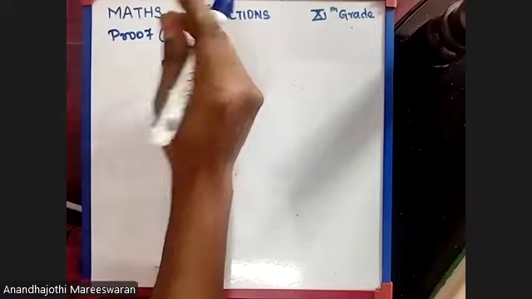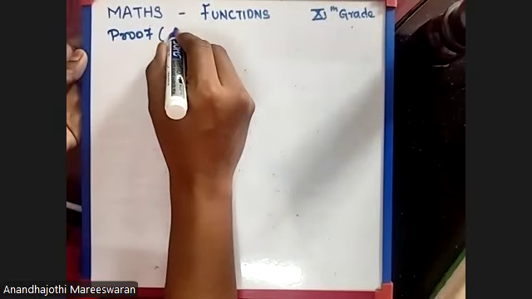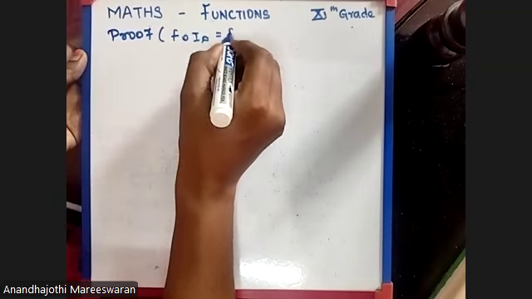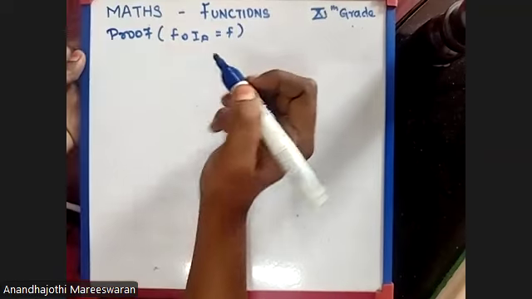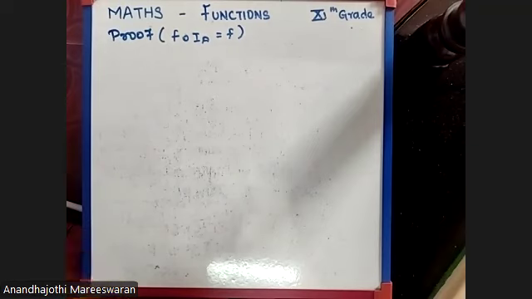We are going to split it up. So first we are going to make a proof for F circle IA equals F. For that, first we are going to make sure the domains are the same.